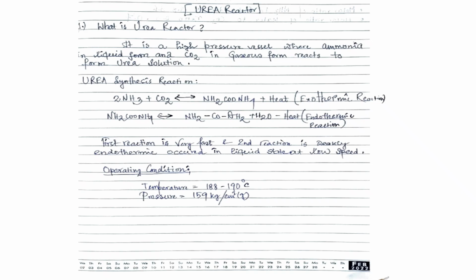When the carbonate forms, heat is generated, and later the carbonate is decomposed into urea and water molecules in the presence of heat. So the second step is the endothermic reaction.